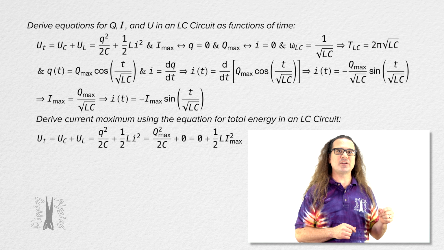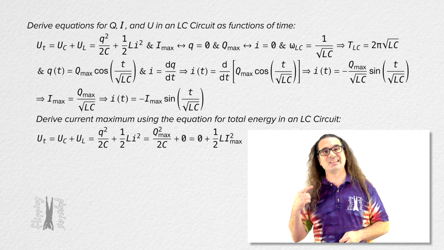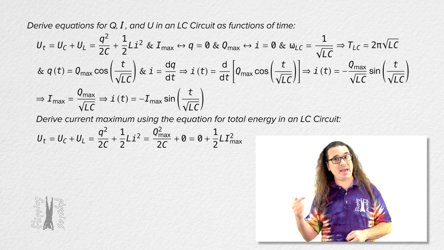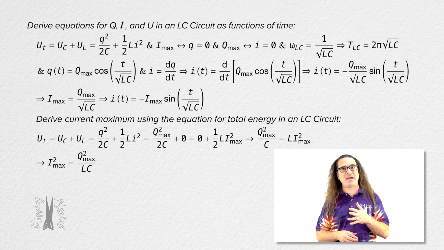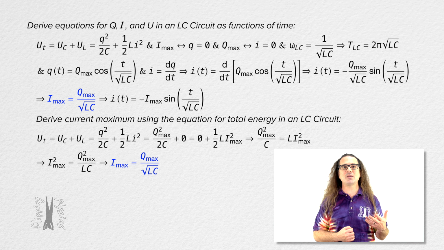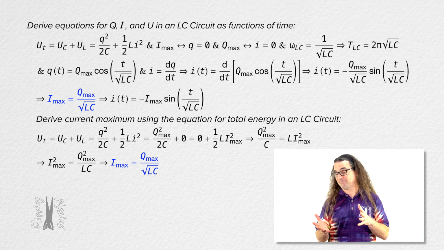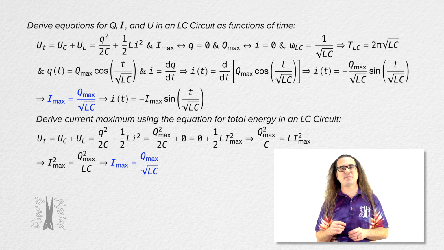And when there is 0 energy in the capacitor, all the energy is in the inductor and the current is at a maximum. 1/2 cancels out. We can solve for current maximum squared, and taking the square root gives us the same equation you just derived, Bobby. The maximum current through the inductor equals the maximum charge on the capacitor divided by the square root of inductance times capacitance.